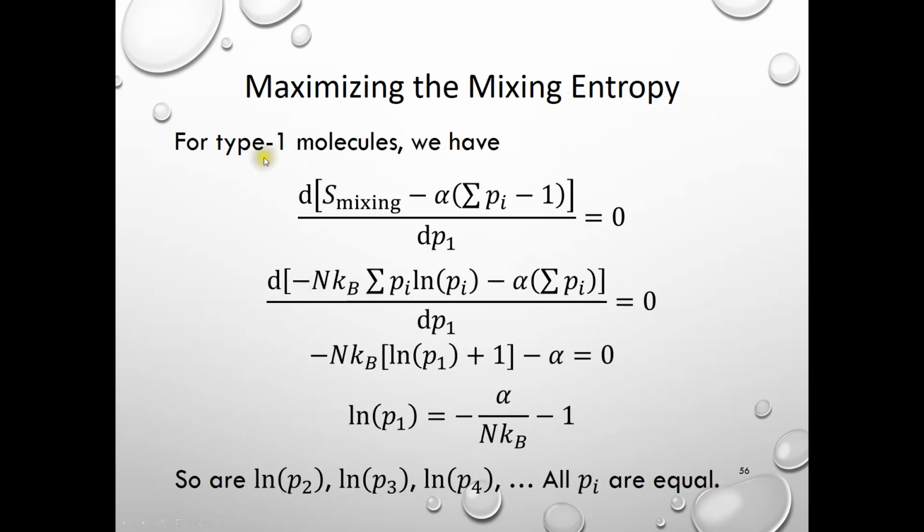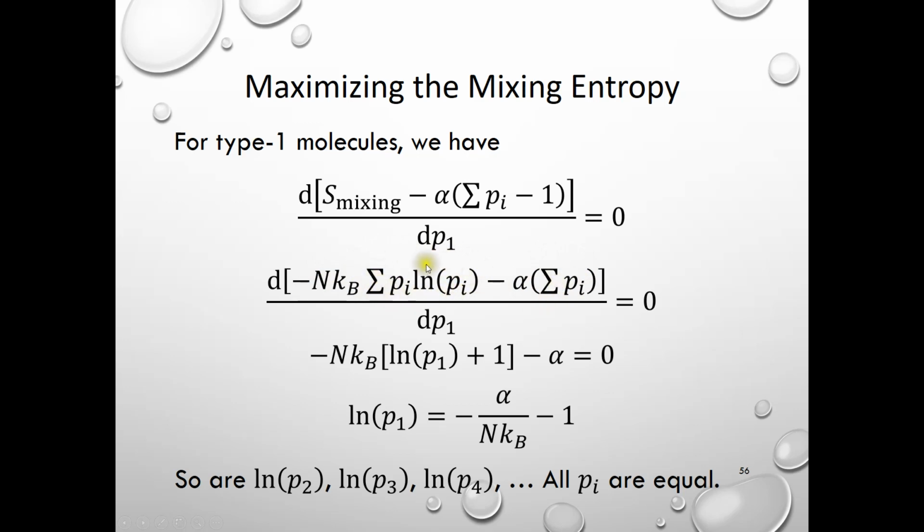To do that, we look at type 1 first, and we have the exact differential of this Lagrangian over the exact differential of P1. This has to be 0. And then we replace this mixing entropy with its expression in terms of probabilities.